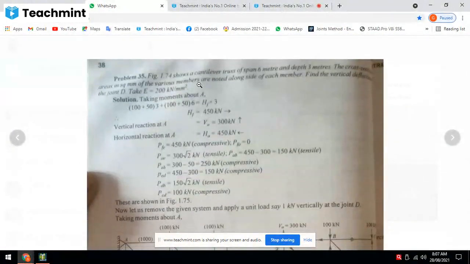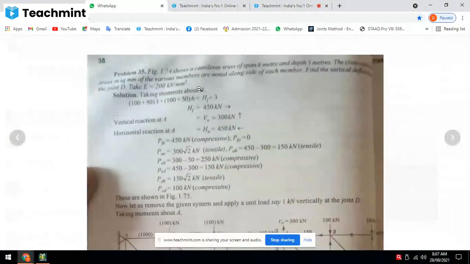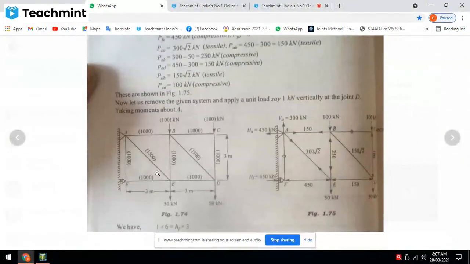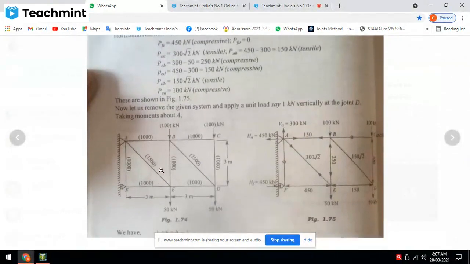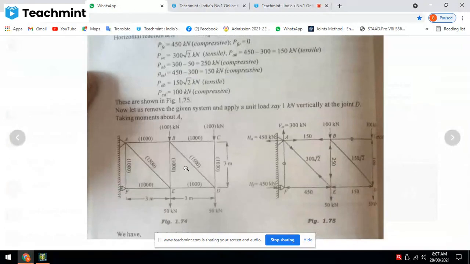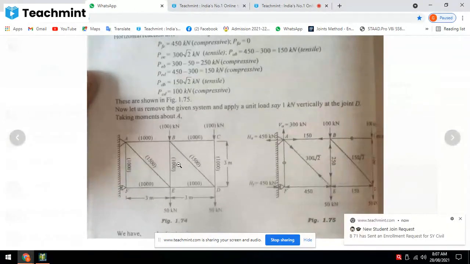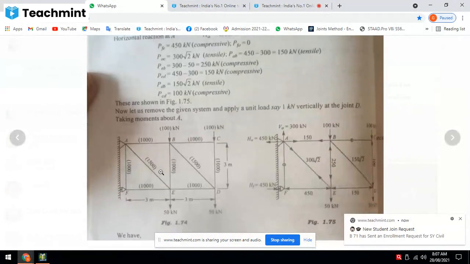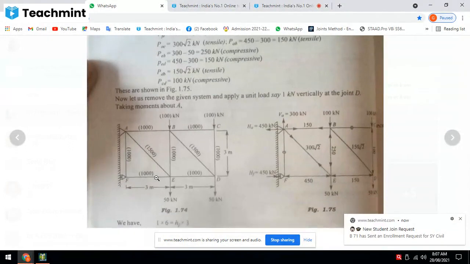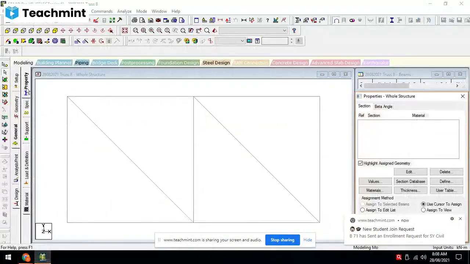We have to find the vertical deflection at joint E, that is at 3 N. See that all the horizontal and vertical members have an area of 1000 mm square, and the inclined members have an area of 1500 mm square. So we'll assign the property.